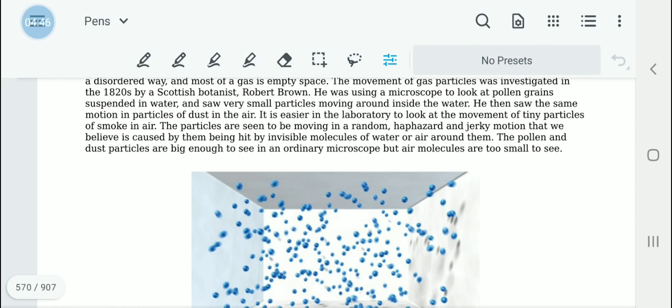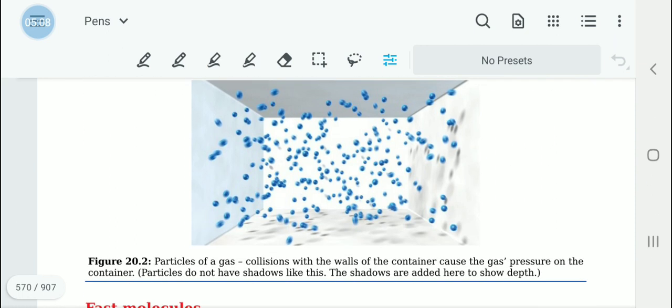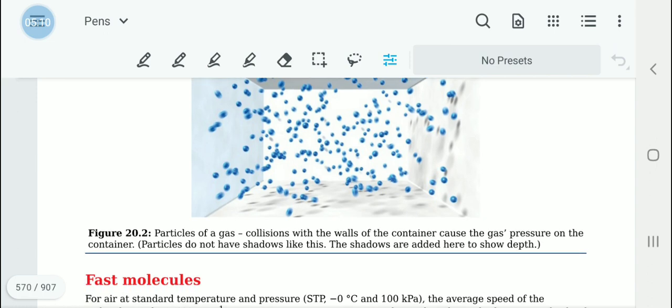How he saw that was just like seeing the smoke particles. The air molecules are very tiny, they cannot be seen, but the smoke particles get bounced off each other, not only because of these things, but because of the air particles as well. Then the pollen and dust particles are big enough to be seen, but air molecules are too small. But still, when they collide, they change their directions.